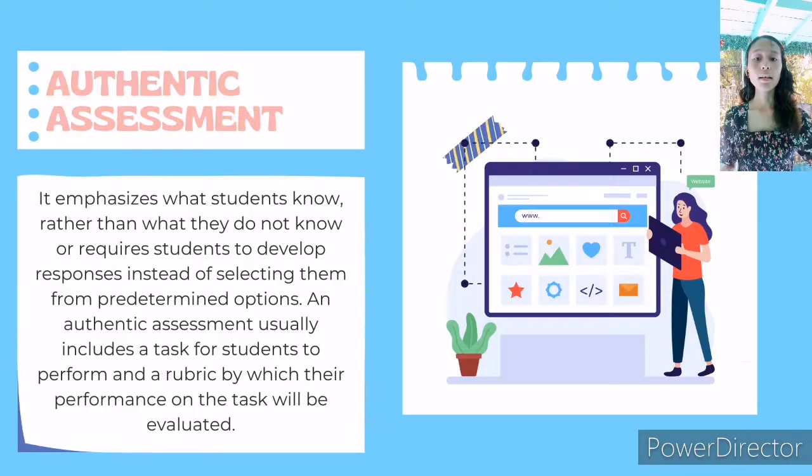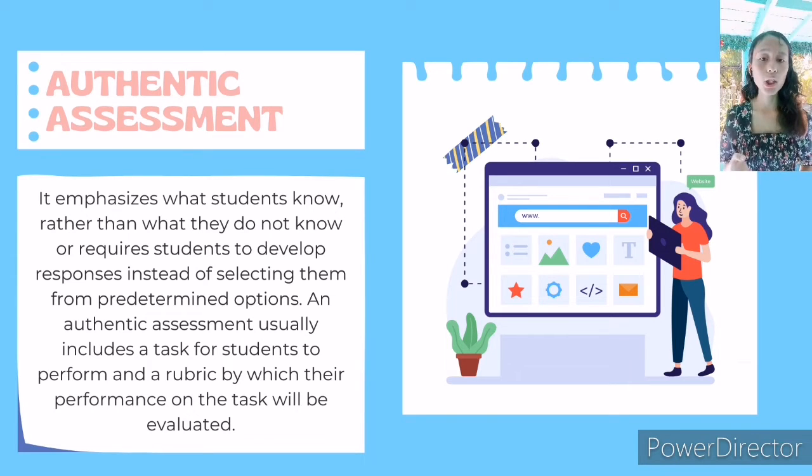The fourth one is the authentic assessment. The term authentic assessment describes the multiple forms of assessment that reflect students' learning, achievements, motivation, and attitude on instructionally relevant classroom activities. It emphasizes what students know rather than what they do not know.